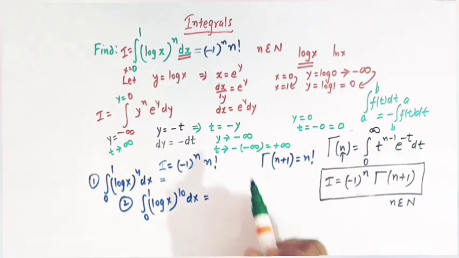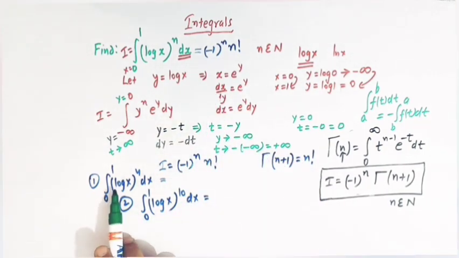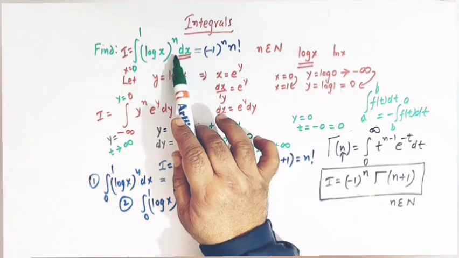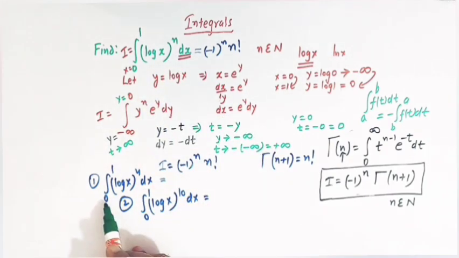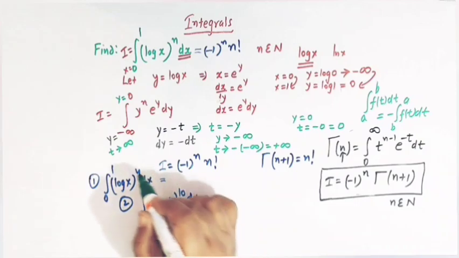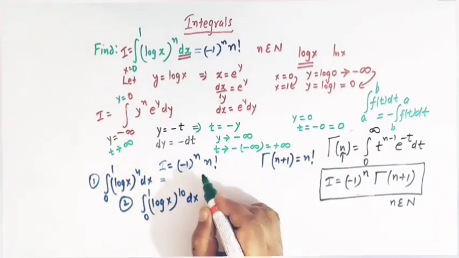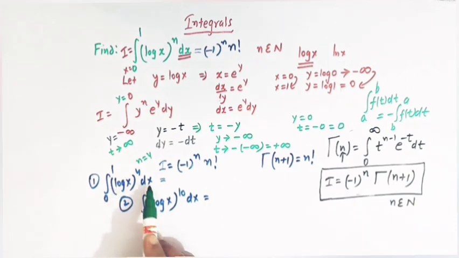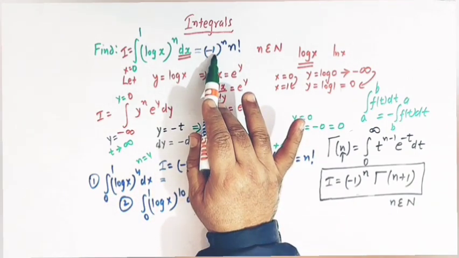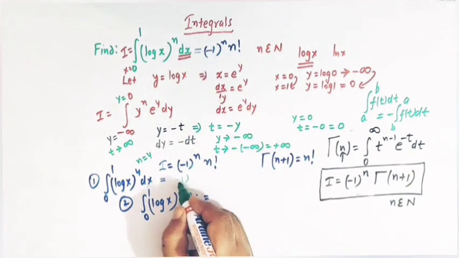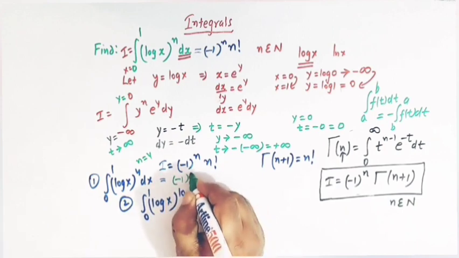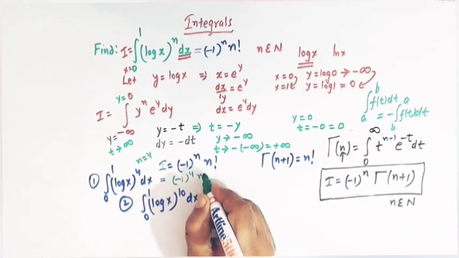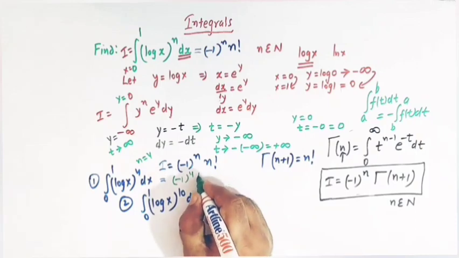So now let us quickly find out the values of these two integrals with the help of this result. In this problem we have 0 to 1 log x raised to 4, and 4 is a natural number, so the value of n is 4. So we have minus 1 raised to 4, and then 4 factorial.